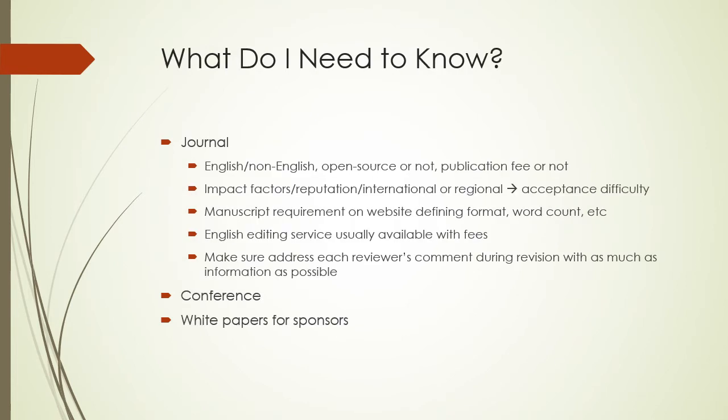So what do I need to know regarding each type? From a journal standpoint, there are English journals and non-English journals, depending on what you are comfortable with. If you are in the Middle East area, you might want to check if you have a good named journal in your area. And there are also open source or non-open source ones.